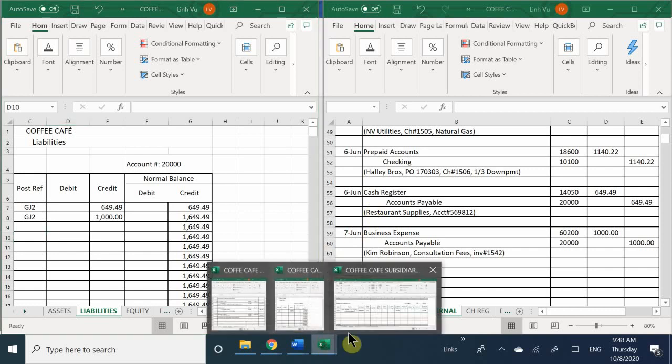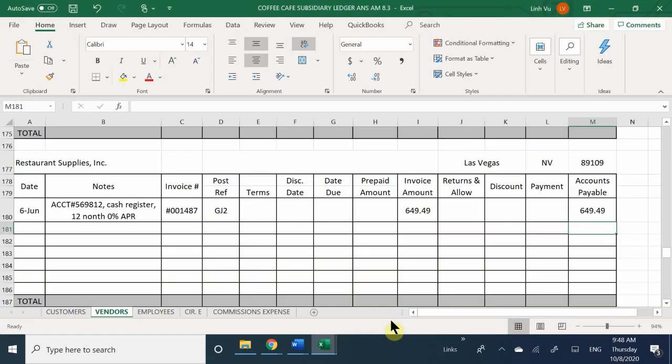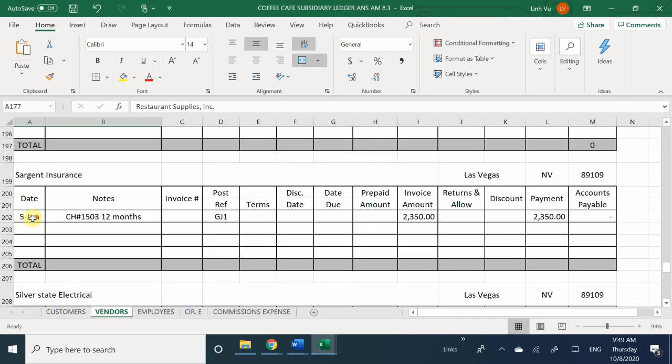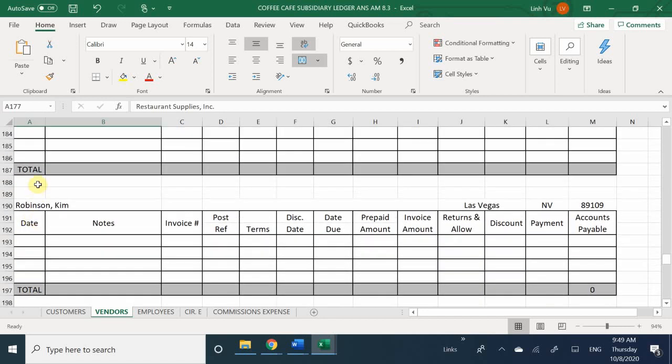And then lastly, we're going to go ahead and dive into my subsidiary ledger. And I'm going to go ahead and find Miss Robinson Kim. So in this case, because it's an individual person and it's still a vendor, it's going to be located by last name. So R is what we're looking for. Here you go, Robinson Kim. All right, for June 7. Okay, so this is where we're going to apply our terms and everything.